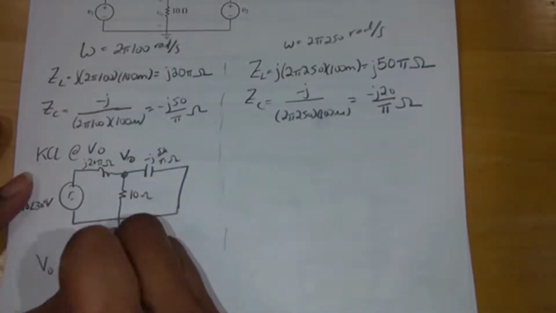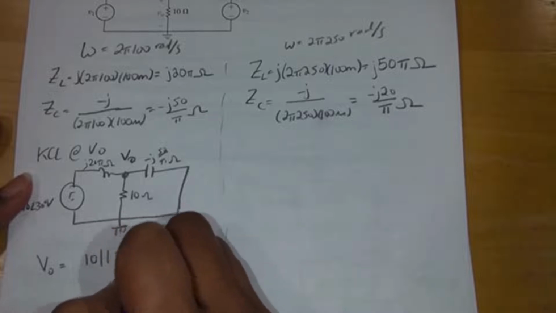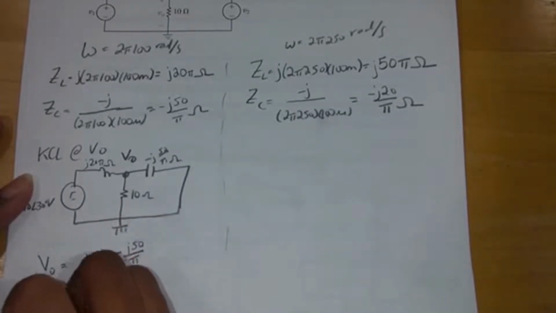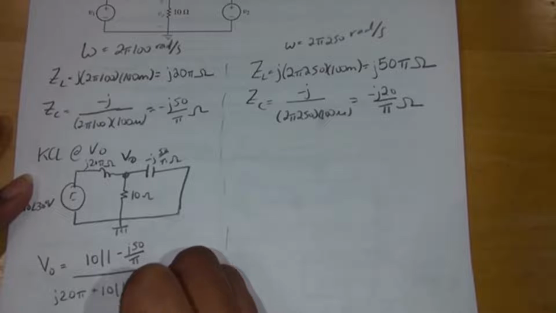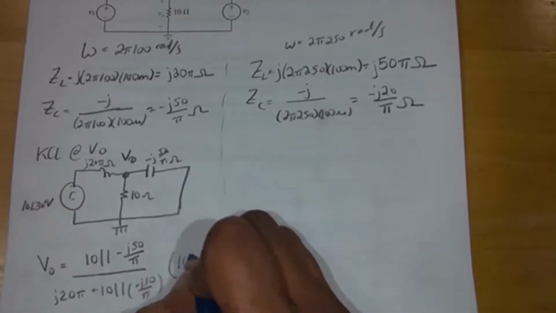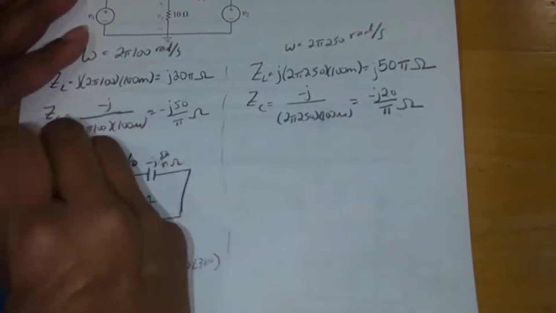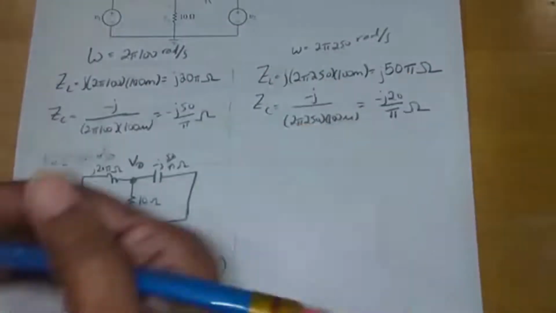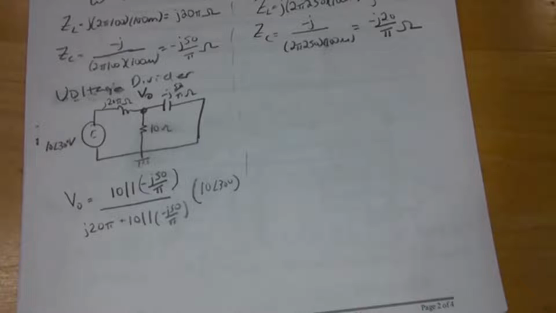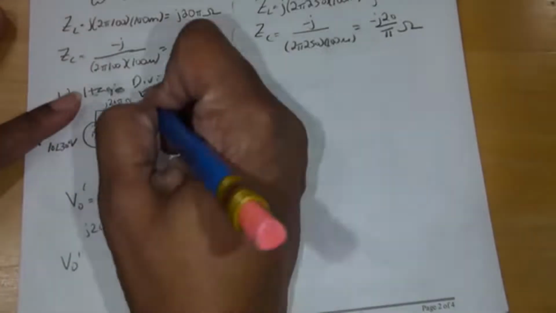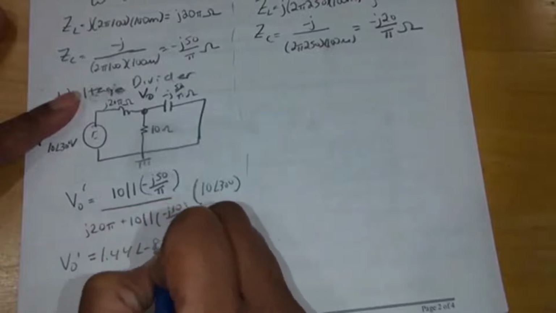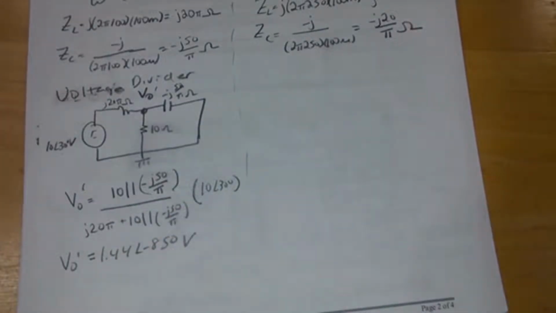And V0, using the voltage divider, is 10 in parallel with negative j 50 over pi, divided by j 20 pi plus 10 in parallel with negative j 50 over pi, times the source, which is 10 angle 30 degrees. When we solve, we get that V0 prime is 1.44 with an angle of negative 85 degrees. We use the prime to distinguish the left frequency from the right frequency.